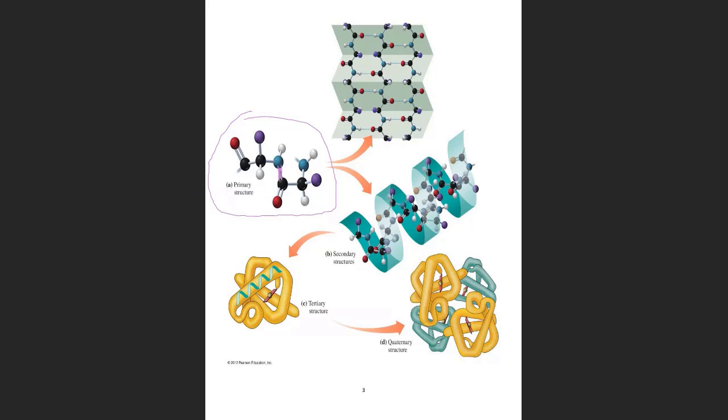So the order of the amino acids will give us the primary structure. And then we see two examples of the secondary structure. We see this one or this one, the helix. And then the protein, depending on the interaction of the R groups, will form the overall shape of the molecule.